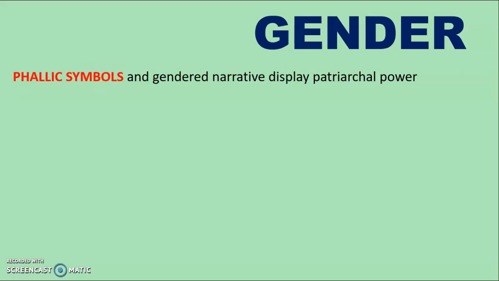Here are a couple of terms which you might be aware of that are associated with gender studies and the gender approach to literature. One is phallic symbols. A phallic symbol is not a penis, but it often is suggestive of a penis. It could be a scepter or a sword, a mace, a gun. Sometimes those symbols suggest patriarchy.